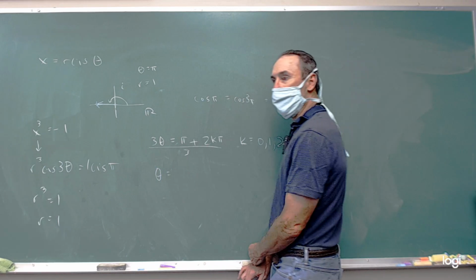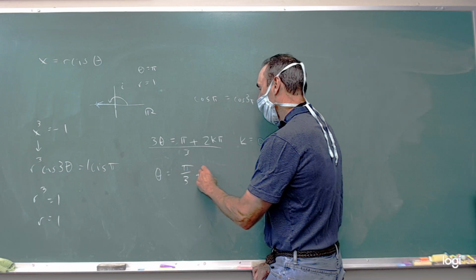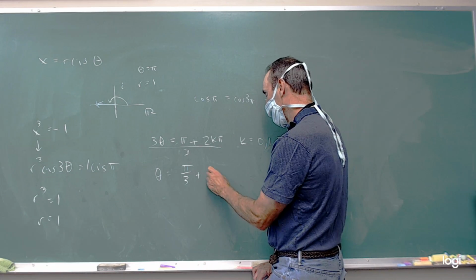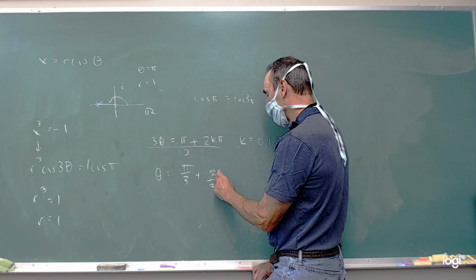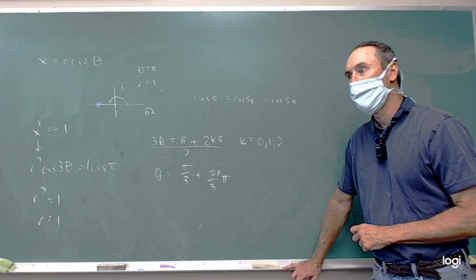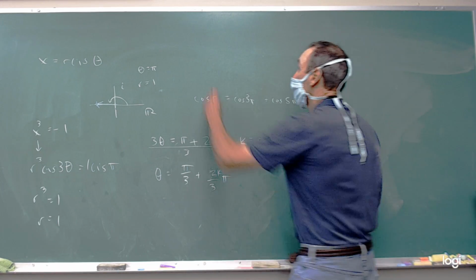Theta is going to be pi over 3 plus 2/3 pi times k, or however you want to write that. Okay? Now I'll see if I get it right.